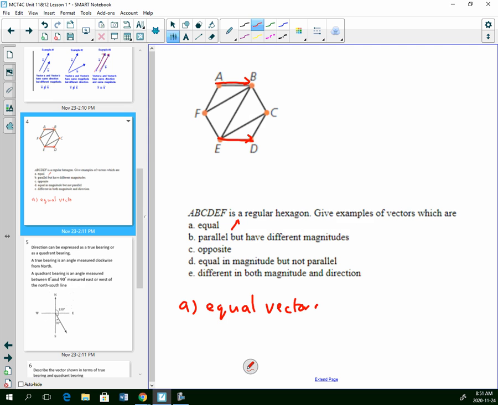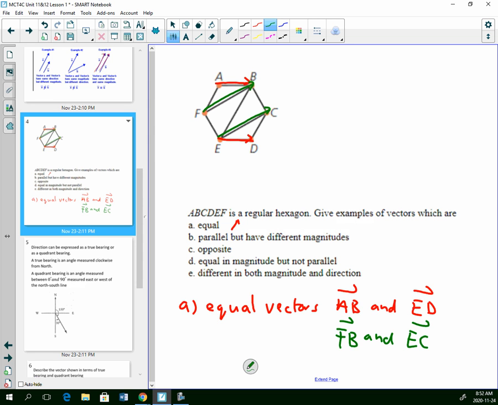If I start at A and end at B, it would be equal to E to D. When I look at that, I can see they have the same magnitude, the same length, and they're going in the same direction because they're parallel. Another example might be F to B would be equal to E to C. They're going in the same direction, and they have the same length.